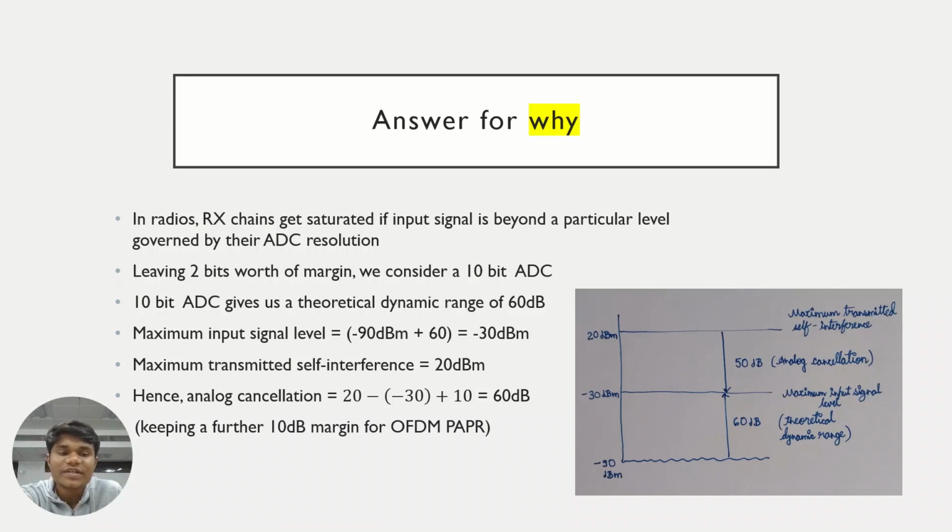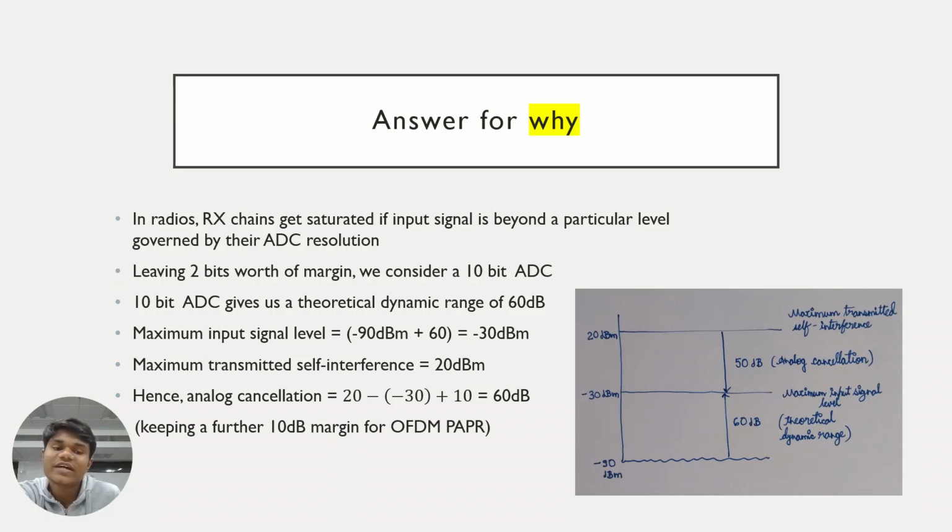So any signal which has higher power than that particular level will not get received, because after that level the radio gets saturated. So this level is governed by the analog to digital converter resolution.